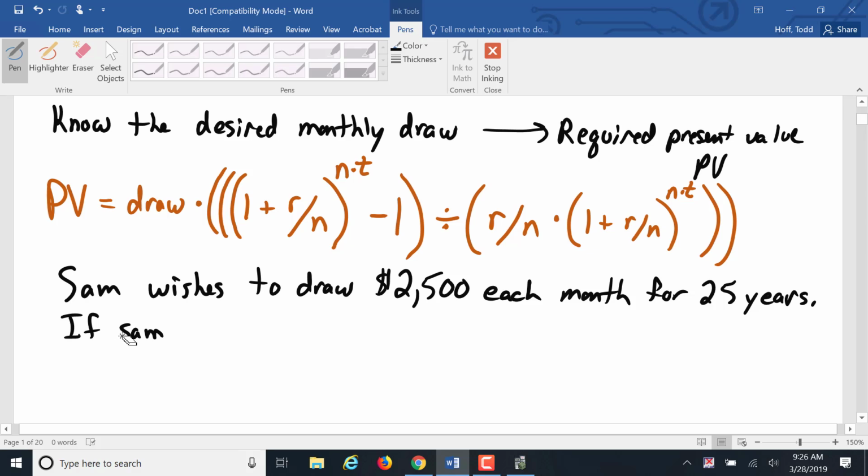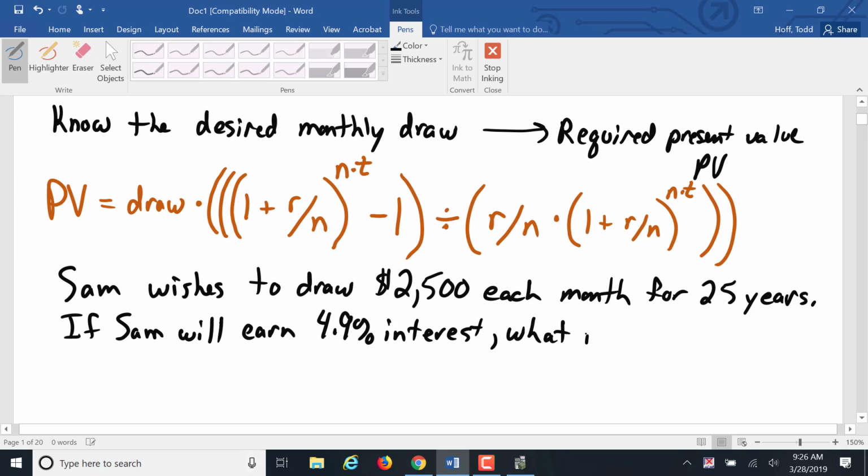If Sam will earn 4.9% interest, what is the required present value? In other words, what is the lump sum of money that has to be in that account at the beginning of the 25 years to be able to draw out $2,500 a month?